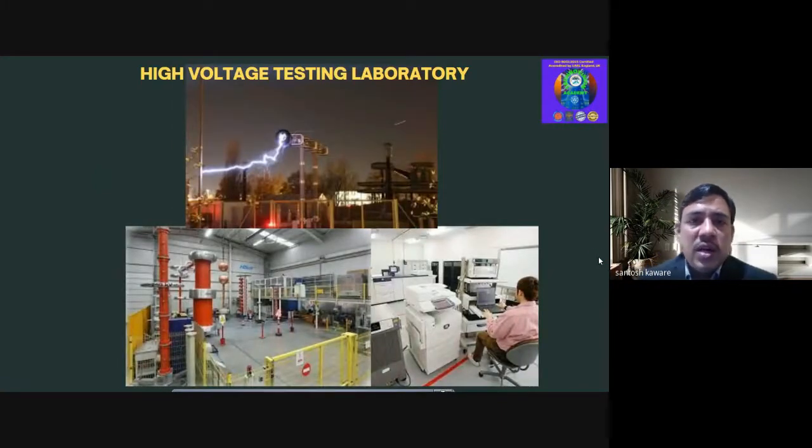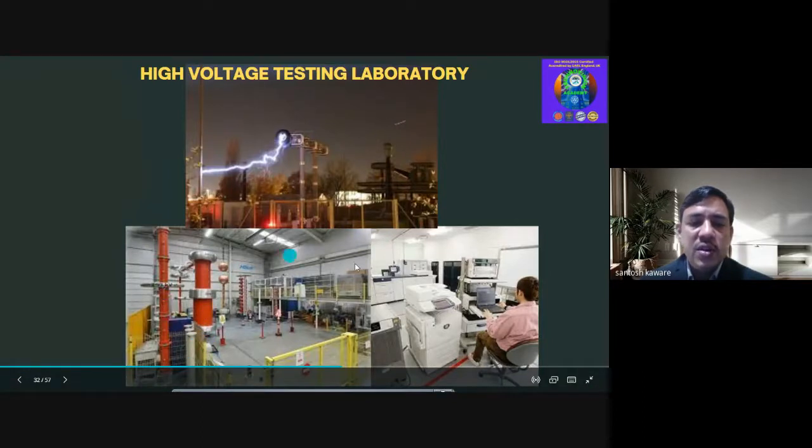So these are the high voltage testing laboratories where you can test your equipments, you can generate high voltages, and you can test the equipments for their performance. Generally such a setup is made where a Faraday's cage is installed to avoid the induction effect in the vicinity, so people coming in the vicinity are protected.